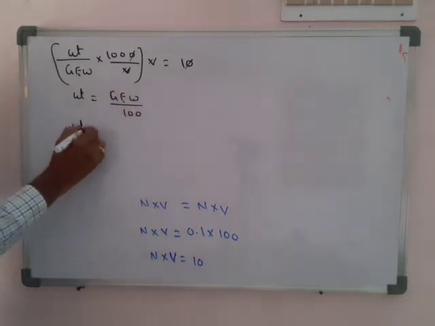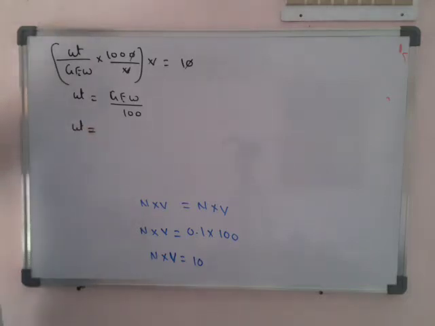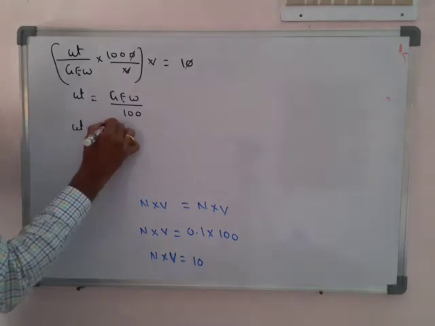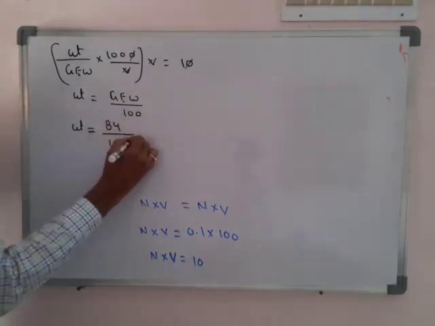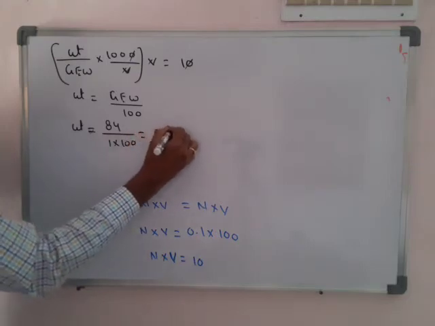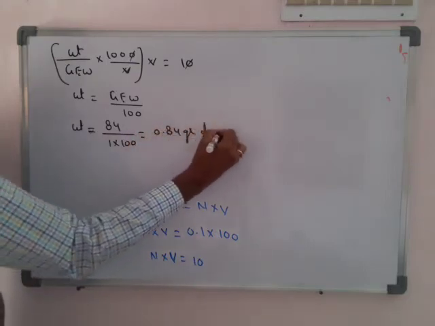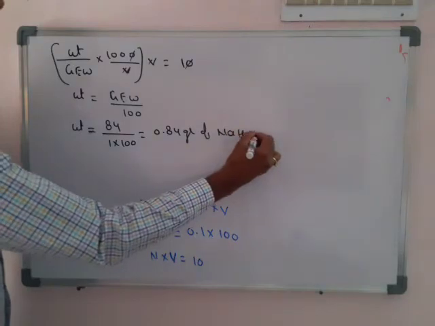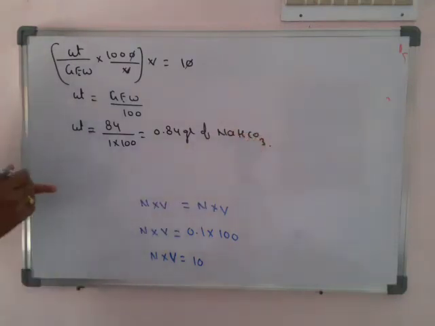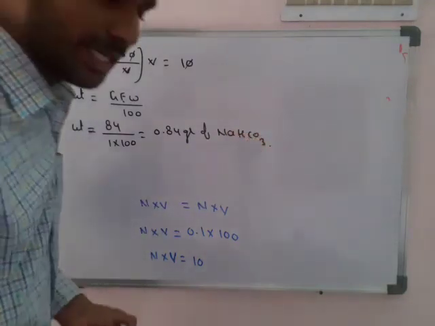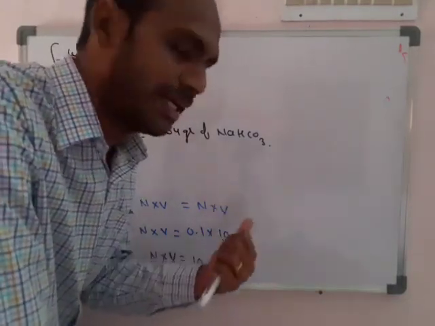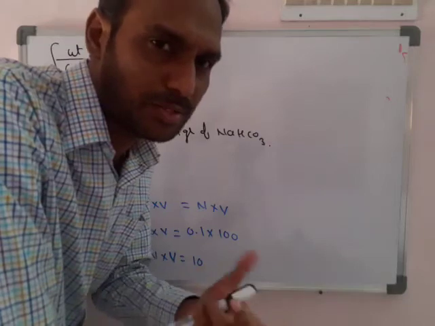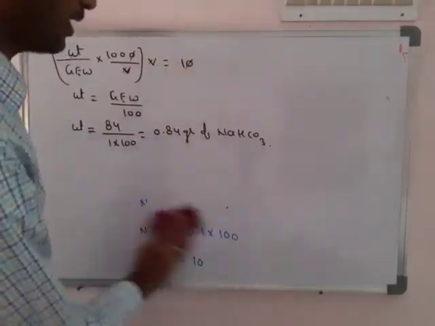What is the equivalent weight of sodium hydrogen carbonate? That is 84, 84 by 1. So there is 0.84 grams of NaHCO3. KClO3 does not react. So out of 2.1 grams, 0.84 grams of sodium hydrogen carbonate is present. So the remaining is KClO3.